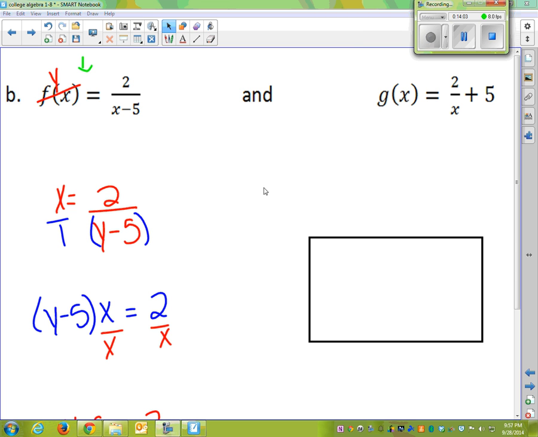All right, let's check your work. We switched out x and y. I took the y minus 5 and multiplied it up.